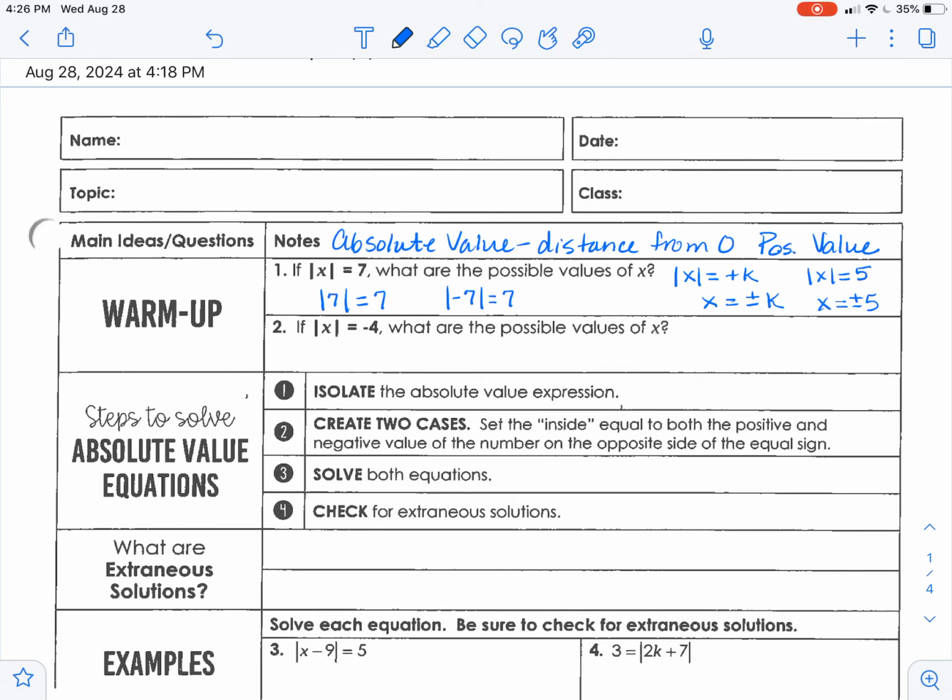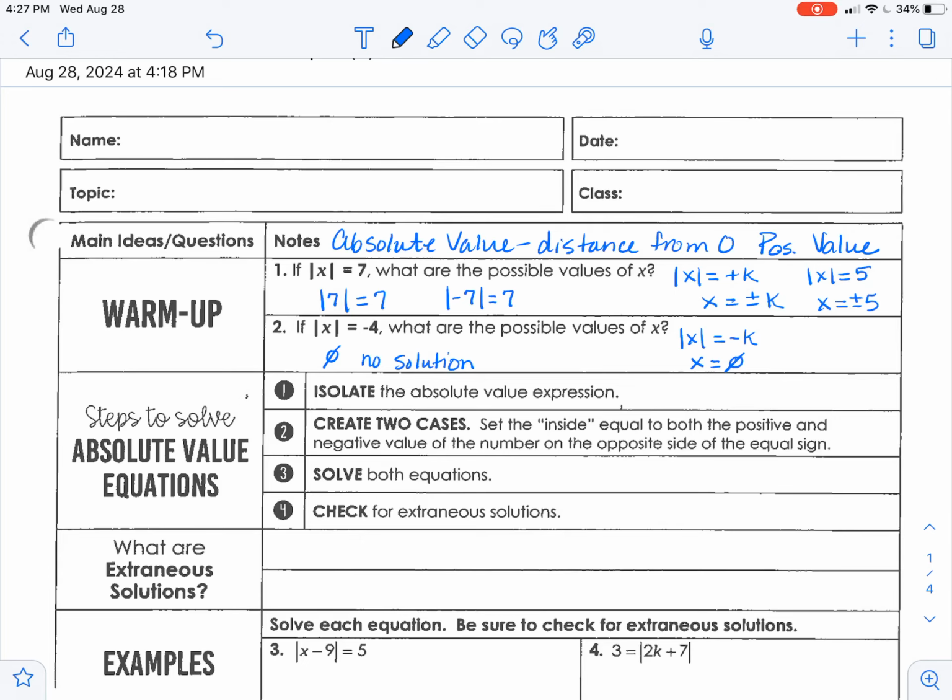So this would be no solution. We could define it as: if I have the absolute value of x equal to a negative number, x will always be no solution. It doesn't matter what that value is.